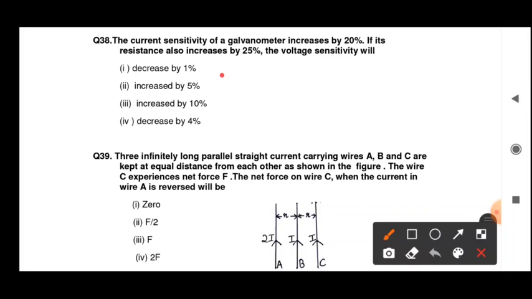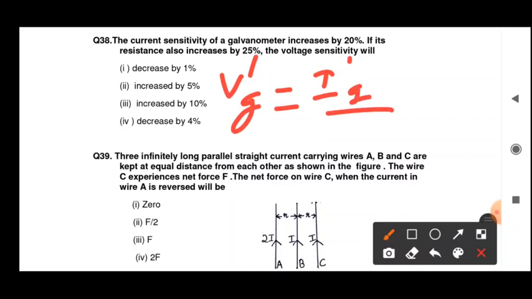Now we have to find out what V dash G will be. So let's find out V dash G. This is equal to I dash G upon R. I think something is wrong actually. Let's just solve it.